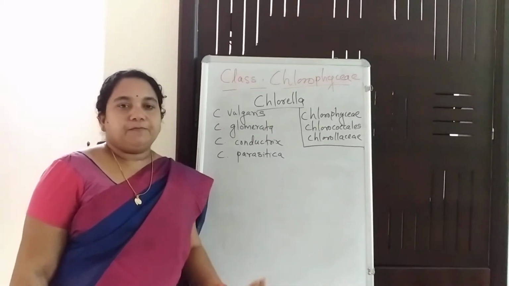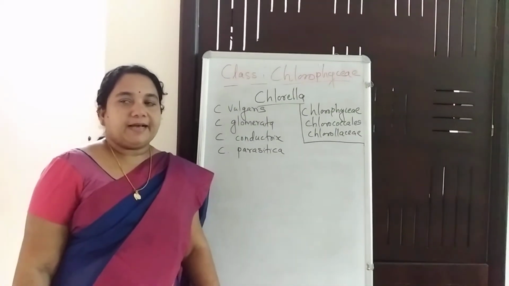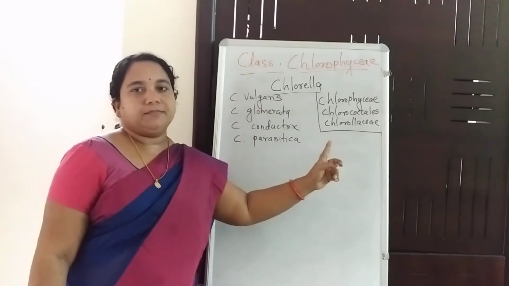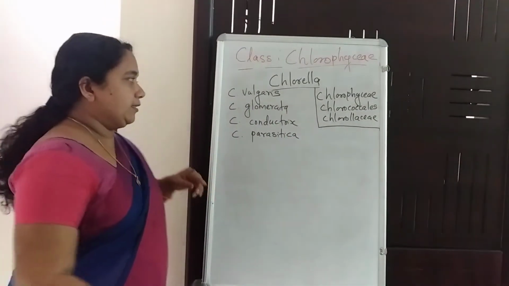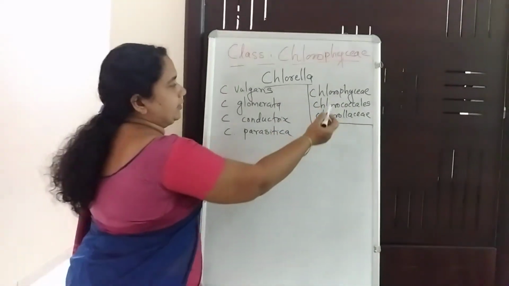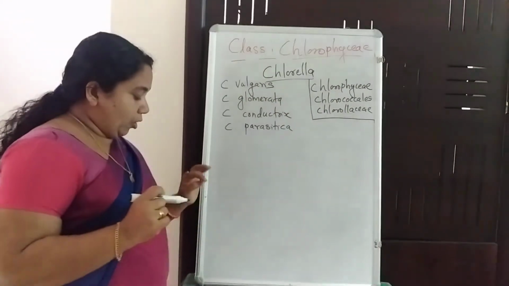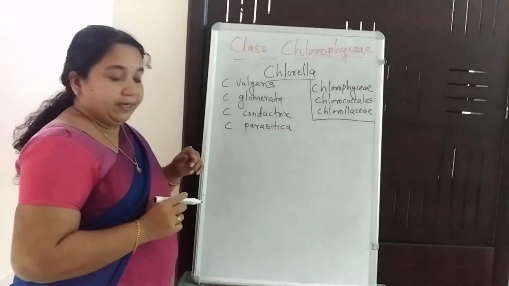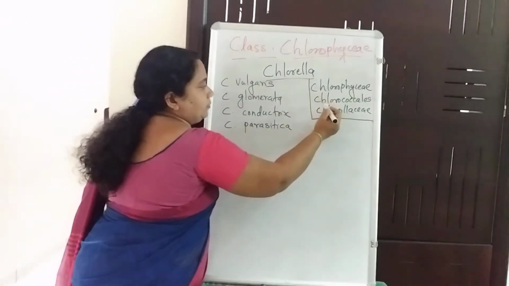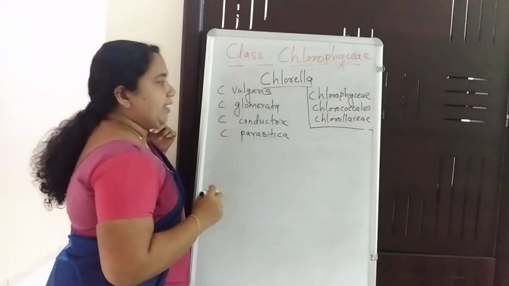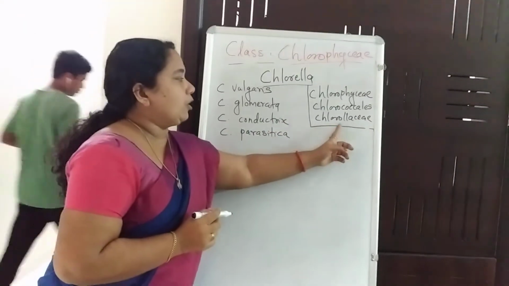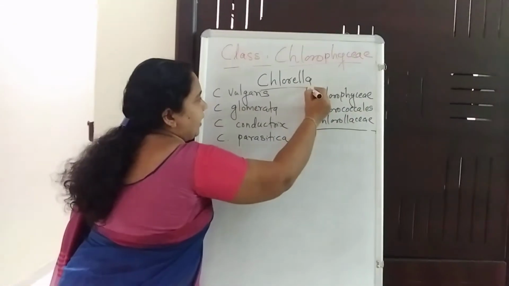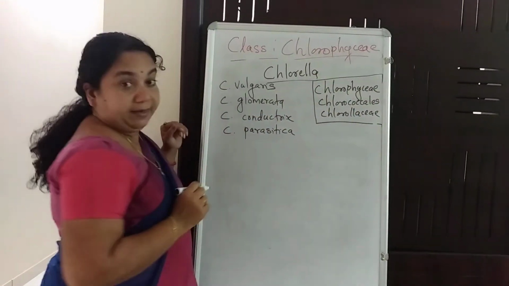First type for the class Chlorophyceae is Chlorella. So here the classification: Chlorella belongs to the class Chlorophyceae. It belongs to the order Chlorococcales and it belongs to the family Chlorellaceae, and these are the taxonomic classification of algae.